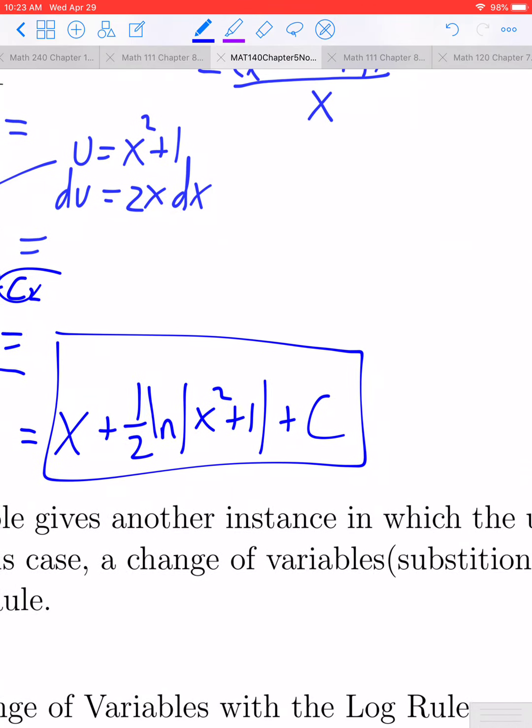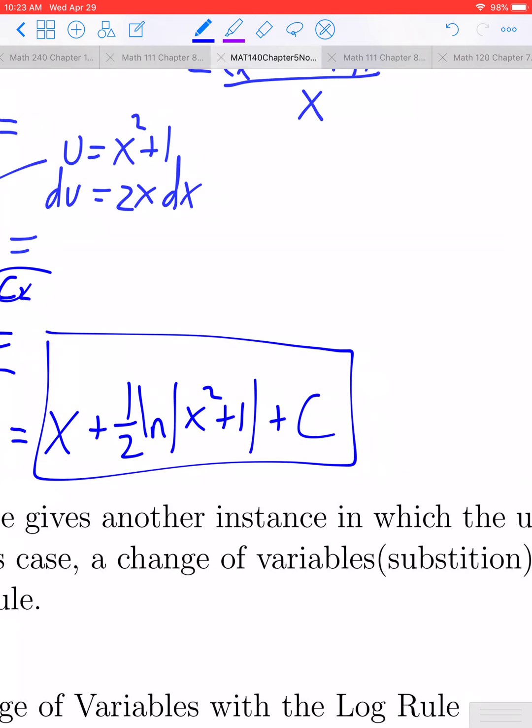The other thing, and this will come up on occasion, is that if you look at x squared plus 1, whether from the graph or just analyzing it, x squared plus 1 is always greater than 0. In particular, it's always greater than or equal to 1. What that means is that the inside of that natural log is always going to be positive.